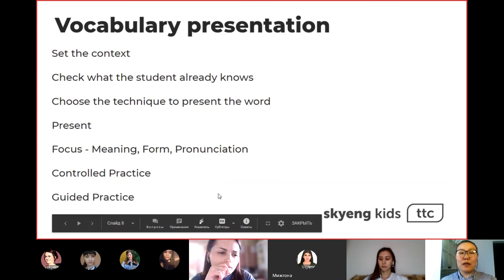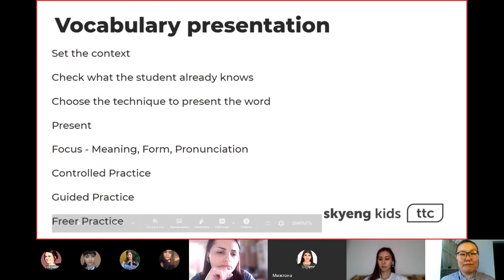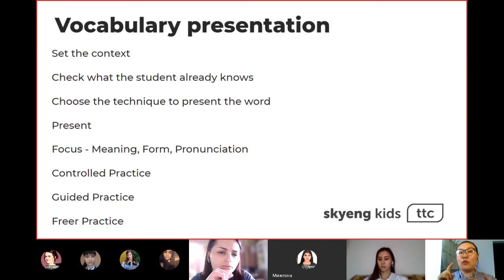And in the end, as a result of any new language presentation, comes freer practice. The communicative approach needs a lot of speaking. So everything that you do during our lessons should be finished with speaking. It doesn't matter if you work on new material or you work on skills.